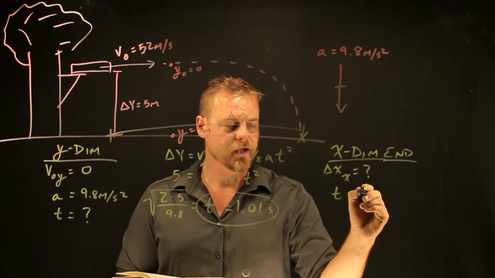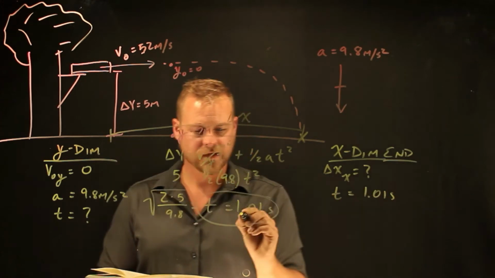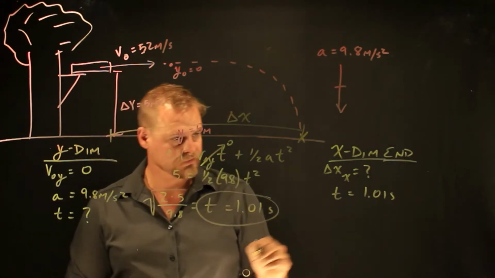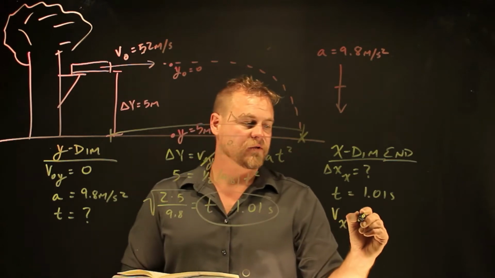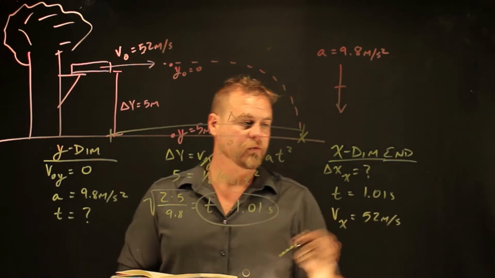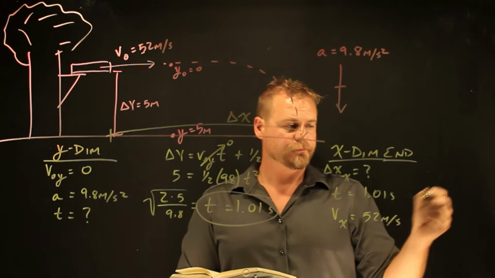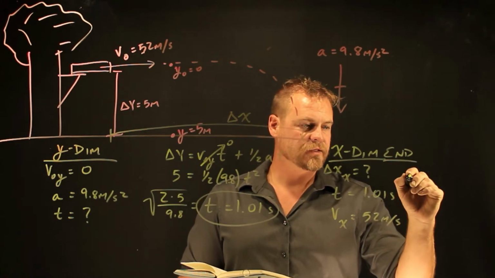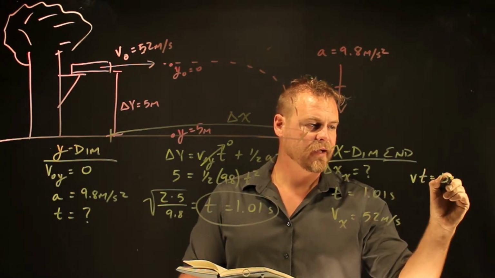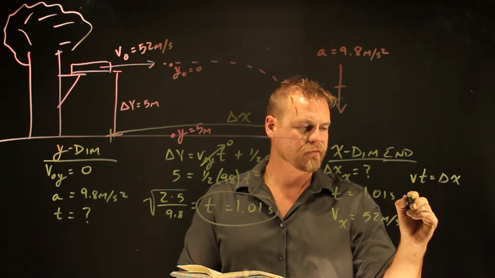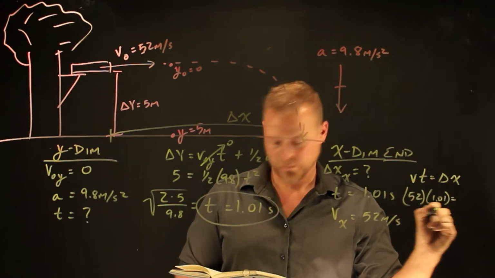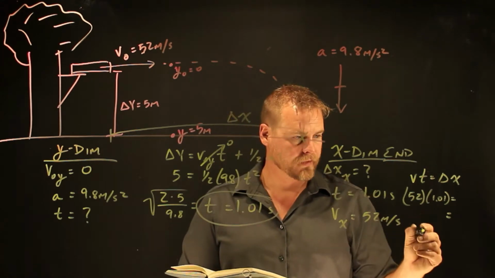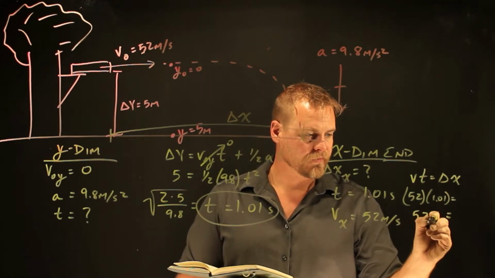My air time is 1.01 seconds as previously found, and my v in the x is the 52 meters per second that we originally saw. So again, solving for delta x is going to be vt equals delta x, which is 52 times 1.01, which is a little bit further than 52 meters.